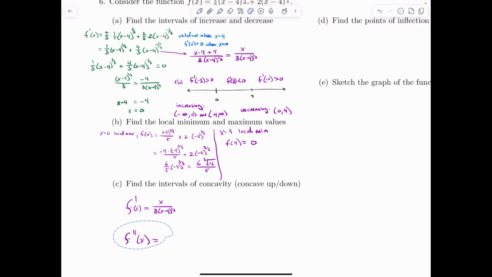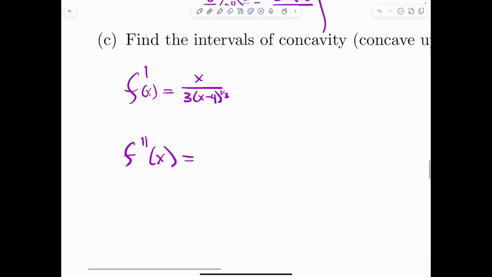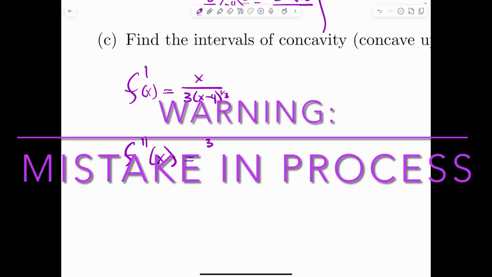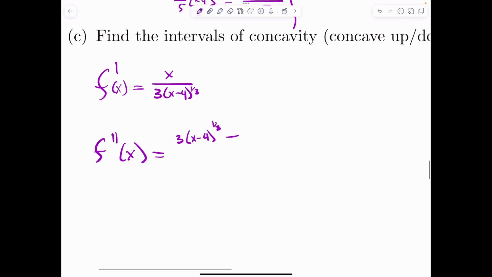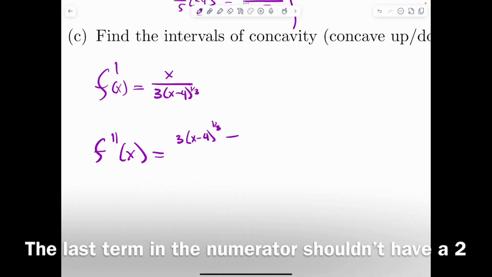And so the second derivative, using the quotient rule, is going to be 3 times the cube root of x minus 4 times 1 minus 2/3 times 2x times x minus 4 to the negative 2/3.